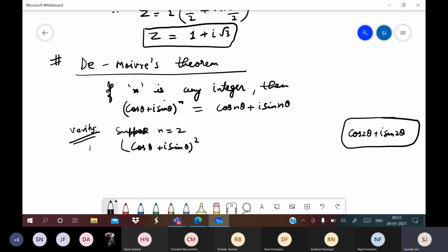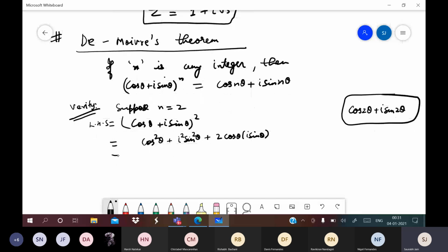So what are we going to do? We are going to expand this square. How? (a plus b) whole square, which is a square plus b square plus 2ab. Okay. Now we will use trigonometry and some concepts of complex numbers. Iota square is -1.